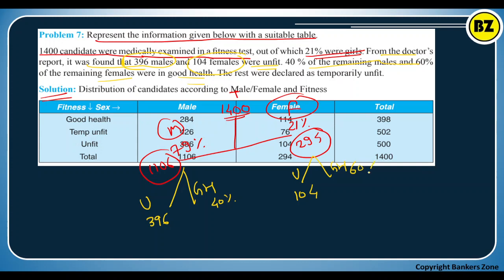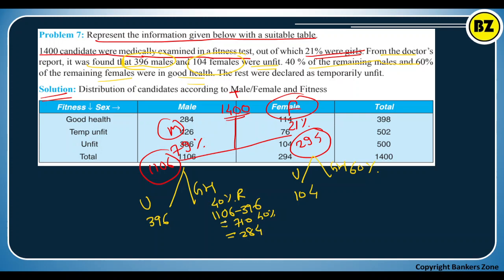So good health is 60% of the female and 40% of the male, which you have to calculate from the remaining. How to calculate? See, total is 1106 minus 396 unfit, so the remaining will be around 710. 40% of that you calculate, you will get 284, right?